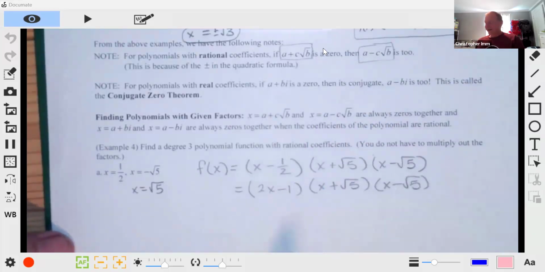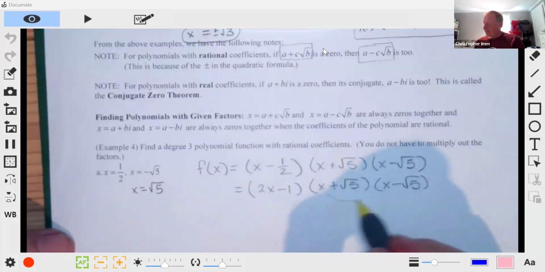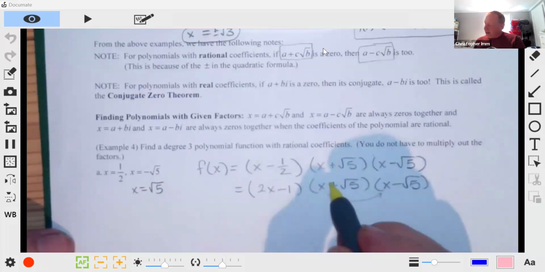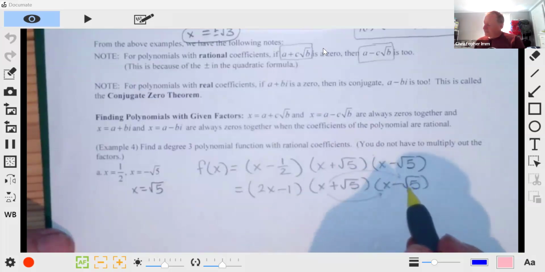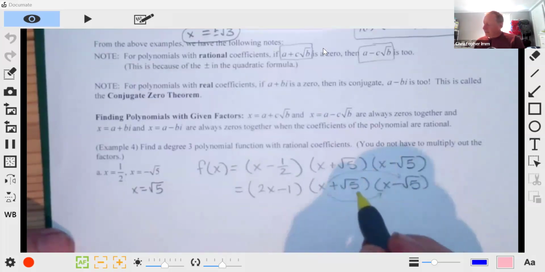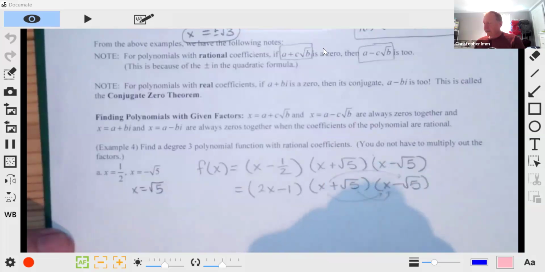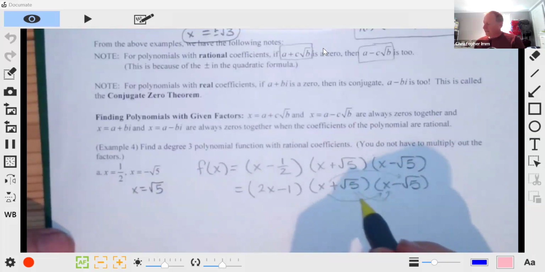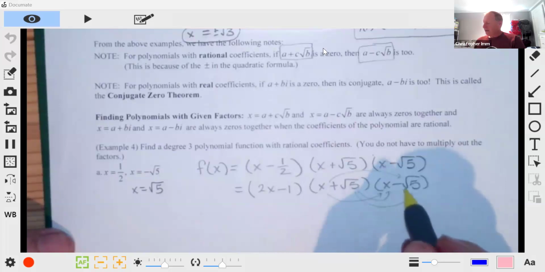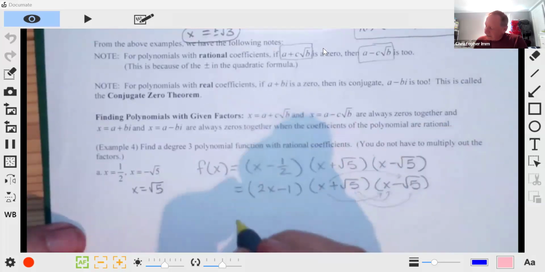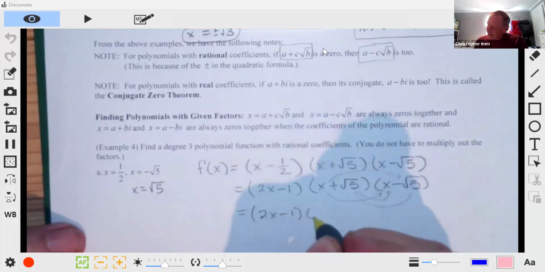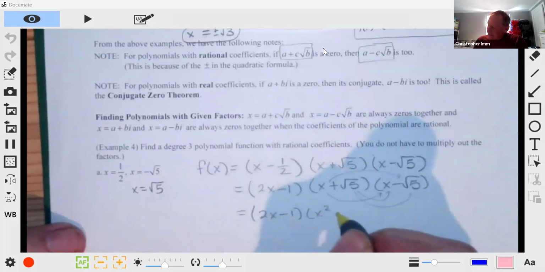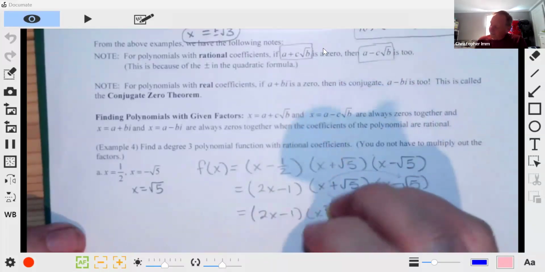If I really wanted to multiply through, I could. So I had x squared. I note that the negative root 5x and the positive root 5x are going to subtract out. And then root 5 times negative root 5 is negative 5. So this would be x squared minus 5.